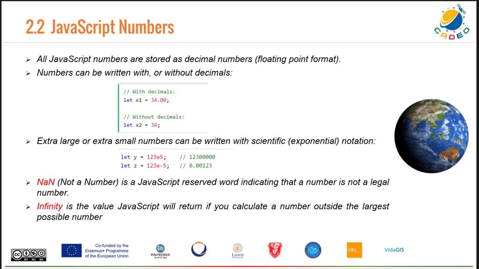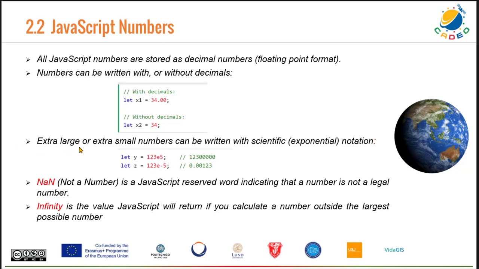JavaScript numbers are always stored as double precision floating point numbers, following the international IEEE 754 standard. This format stores numbers in 64 bits, where the number is stored in bits 0 to 51, the exponent in bits 52 to 62, and the sign in bit 63.